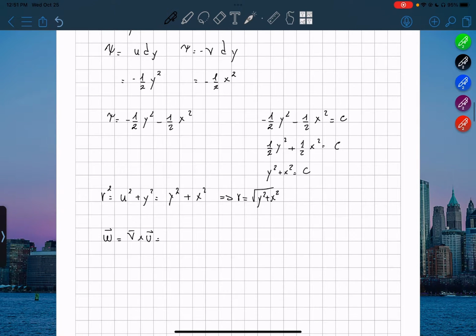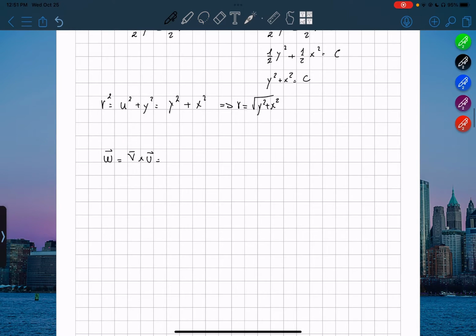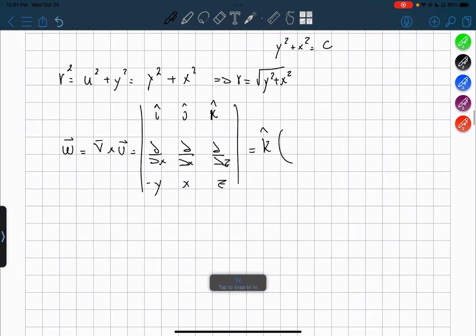So it's equal to the determinant with i, j, k, d/dx, d/dy, d/dz, and then we have negative y, x, and z. So we know it's going to be just in the k component because it has to be perpendicular, and our u is in the xy plane. So we're just going to get 1 minus negative 1, that's equal to 2k hat.